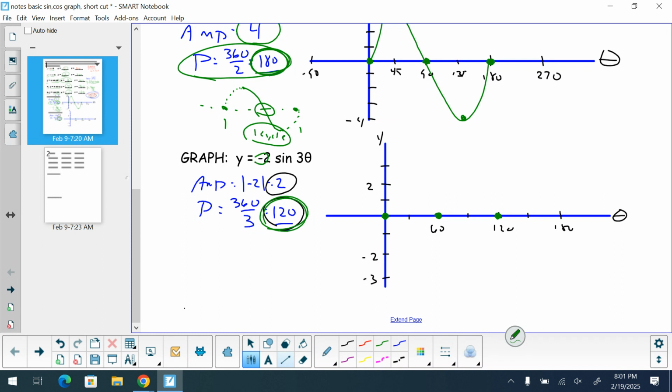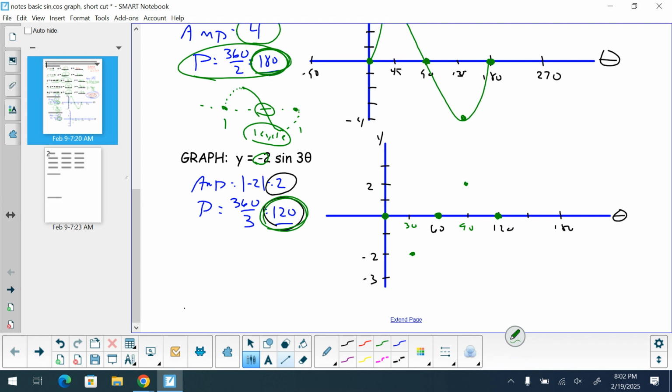Here's where the negative comes in. We look at negative as a -2, but we can also call that the opposite of the 2. So what we have to deal with is the opposite of what we normally would have. Rather than climbing the hill first, we're going to go down first, down to -2. Then our games of halves, halfway between 60 and 120 is 90.